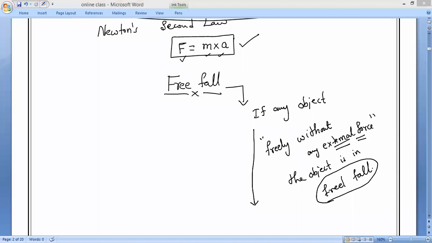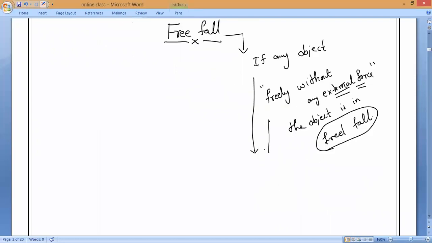Whenever objects fall towards the earth under this force alone, which force? Only gravitational force. Other than that, no other external force should act. Then we can say the body is in free fall.